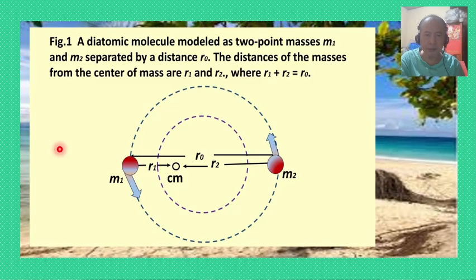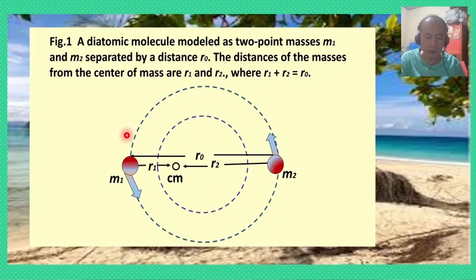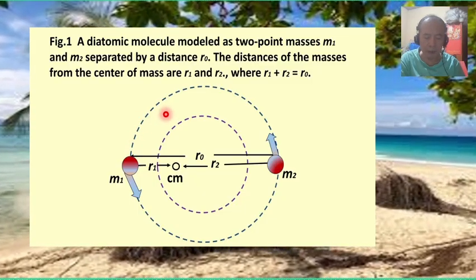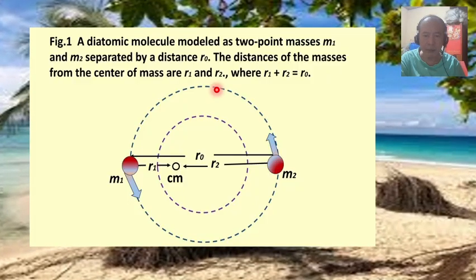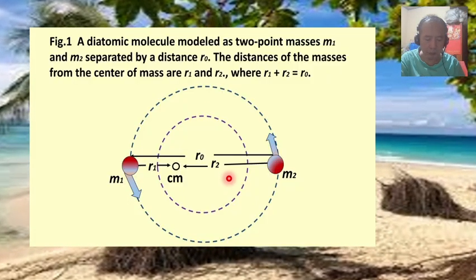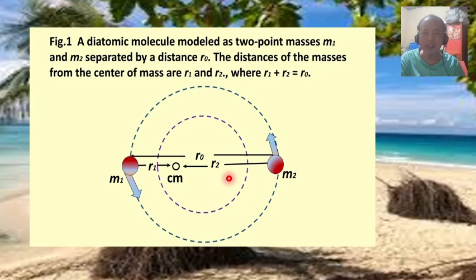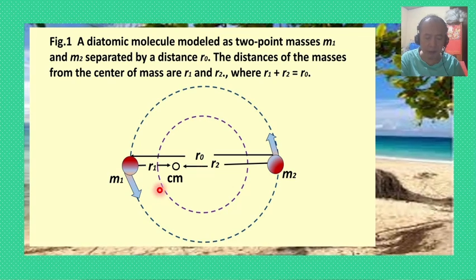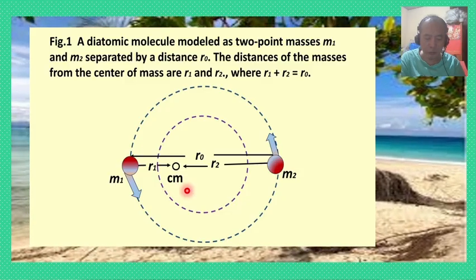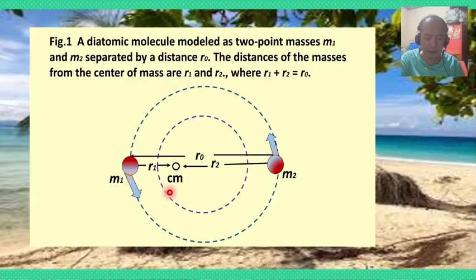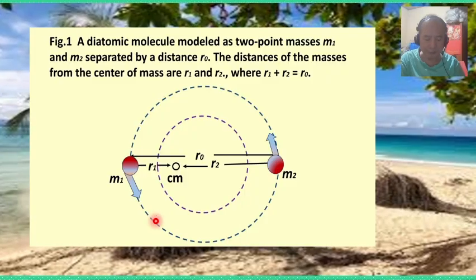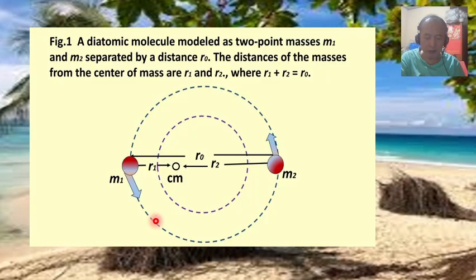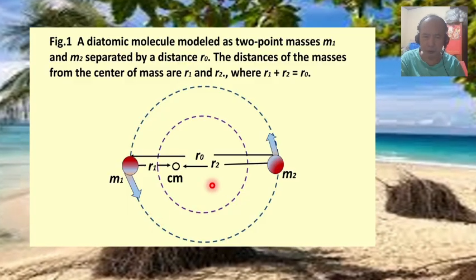As illustrated in figure 1, we model a diatomic molecule as a rigid dumbbell of 2 point masses M1 and M2 separated by a constant distance r naught that can rotate about an axis through its center of mass perpendicular to the line joining them. What are the energy levels associated with this rotational motion?